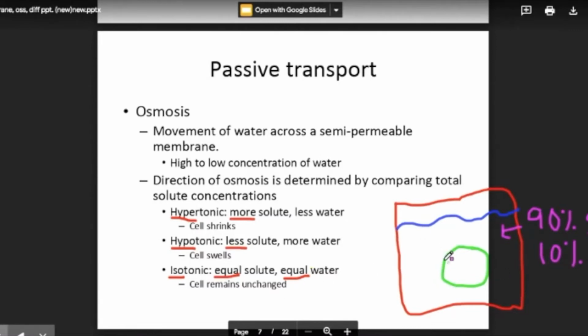Okay, so inside the cell, let's say I have 80% solute. And if I have 80% solute, that means I have to have 20% water, because 80 and 20 equal 100.